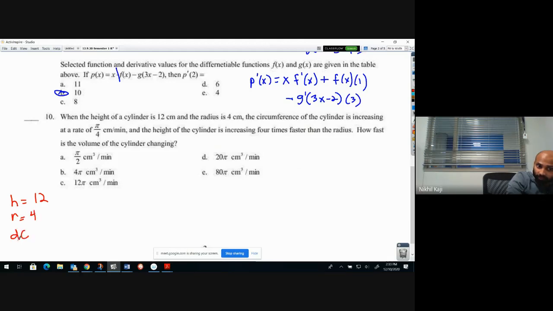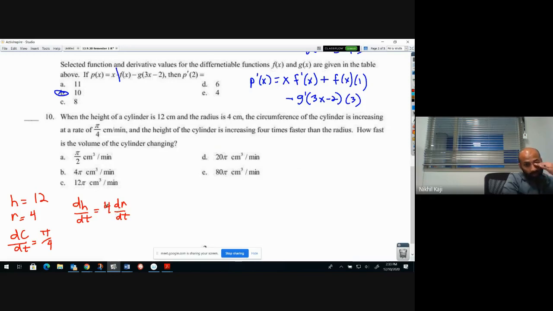That means the rate of circumference is pi over 4. The height of the cylinder is increasing 4 times faster than the radius.